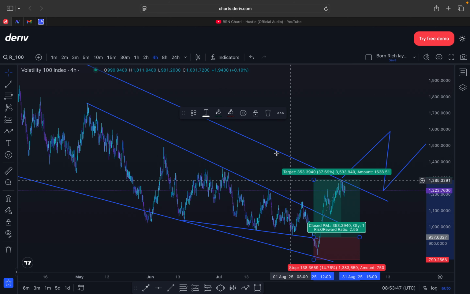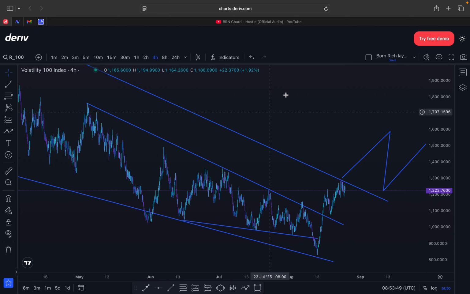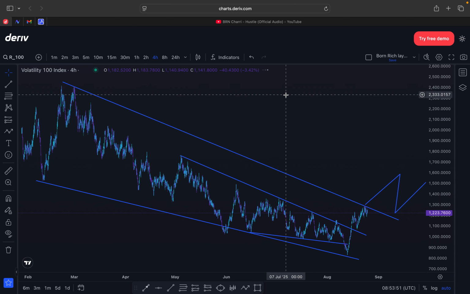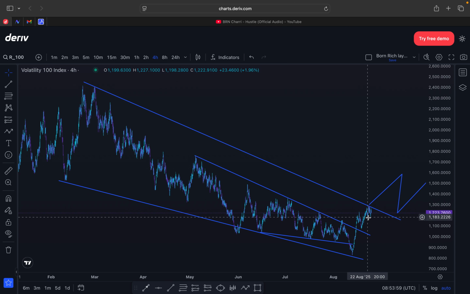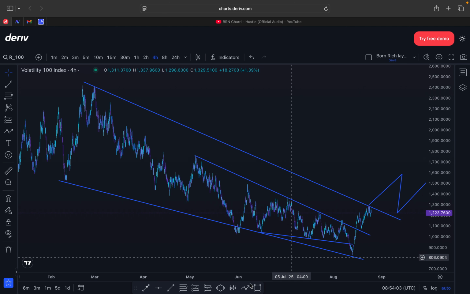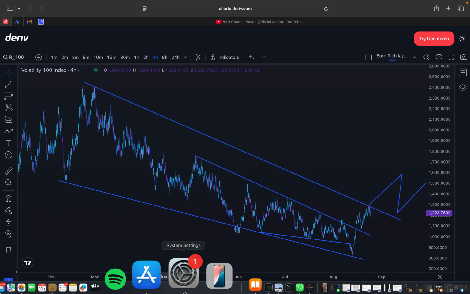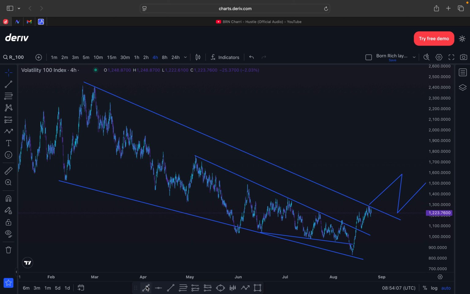Yeah, let's clear up this. So this is what we are looking at. We are looking for buy signals or a possible reversal of the trend. If the market doesn't break out of here, we're expecting the market to sell.